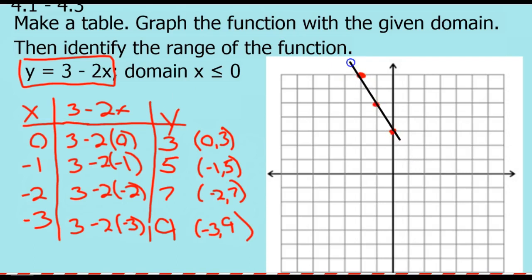Now remember though, our line has to stop here because our x cannot go more than 0. Remember, our x is only less than 0. So if we're looking then at our range, our domain was 0, negative 1, negative 2, negative 3. Our range is going to be our y. So 3, 5, 7, 9.